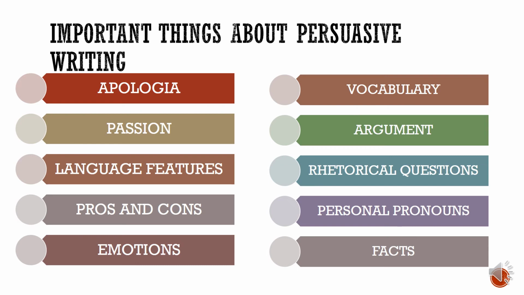Next one is passion. So what do you mean by passion? In writing a persuasive essay, you should have passion within you. Meaning, you should have the great ability to disarm or even to influence a group of people together based on a common interest or common enthusiasm. When you speak passionately, when you write something passionately from your heart, the words become more authentic.